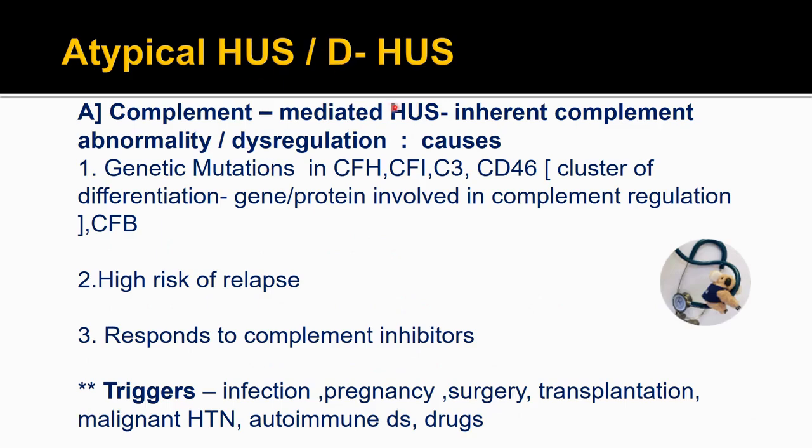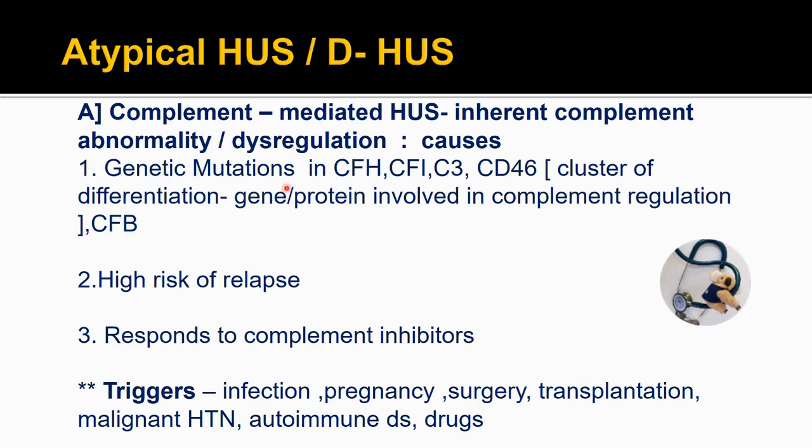Atypical or D minus HUS again can be of 2 types. One is complement mediated and another is secondary. In the complement mediated HUS, there is an inherent complement abnormality or dysregulation of the complement, which is congenital. The main cause which leads to complement dysregulation is, number 1, genetic mutations.